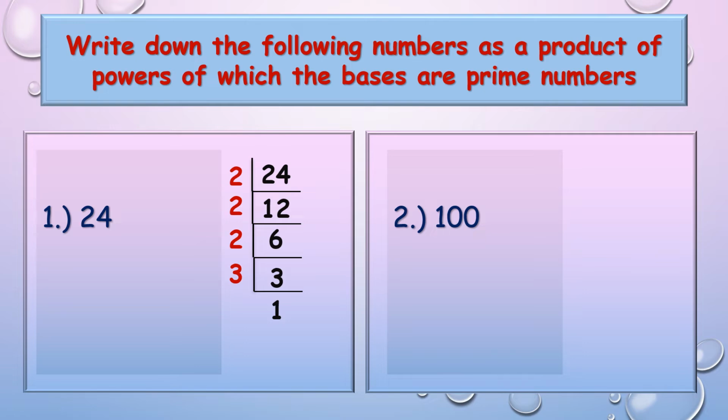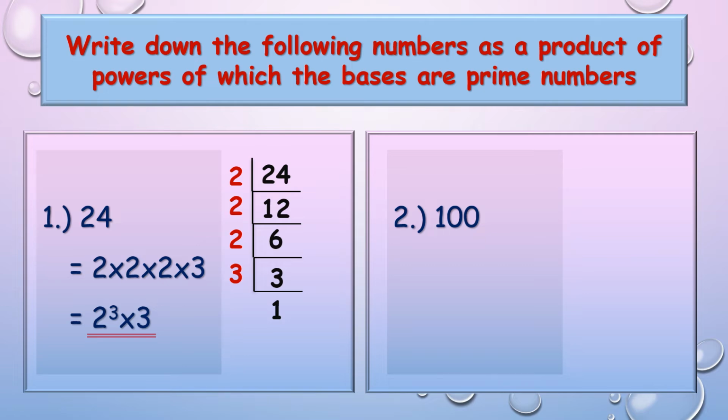So you can get 24 using these numbers, like this: 2 times 2 times 2 times 3. That means 2 to the power 3 times 3. This is the answer.